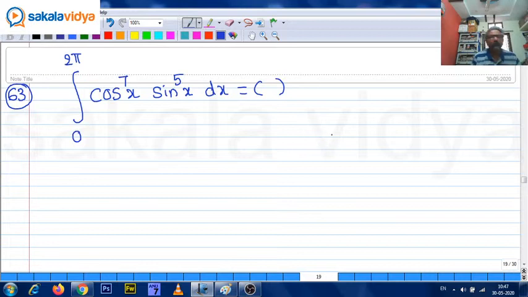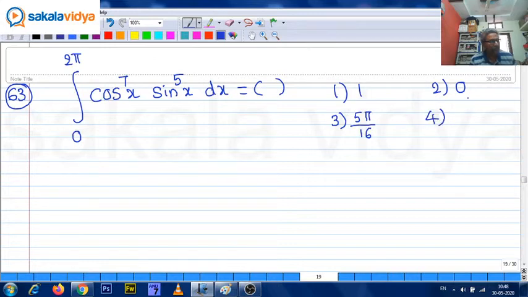First option 1, second option 0, third option is 5 pi upon 16, fourth one is 3 pi by 8. So first we need to check whether f of 2 pi minus x is equal to f of x or not.